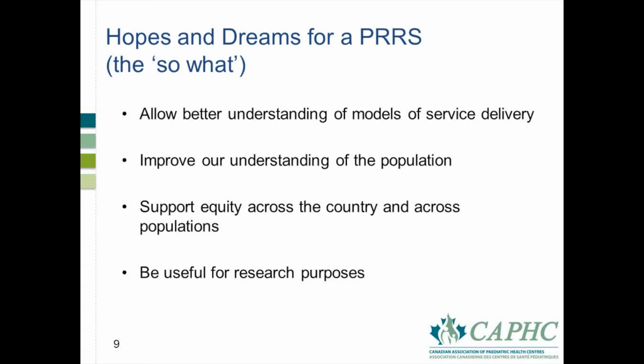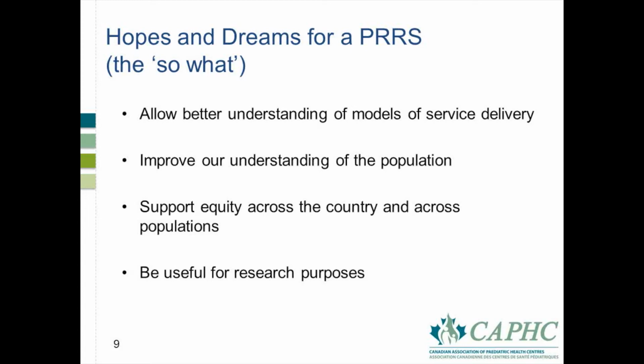They wanted to better understand the population. So the point that has been made from the beginning is that if we don't have data to tell us how our children are doing, how do we know how we are doing as service providers? How do we know if our service changes are resulting in outcome improvement?